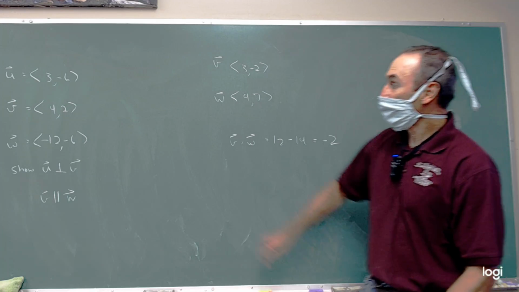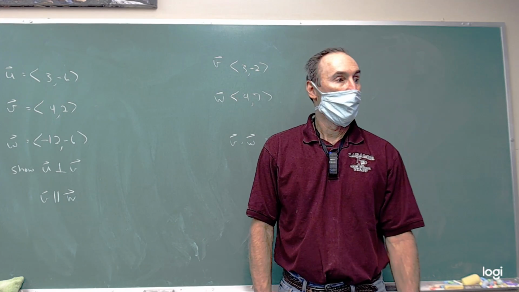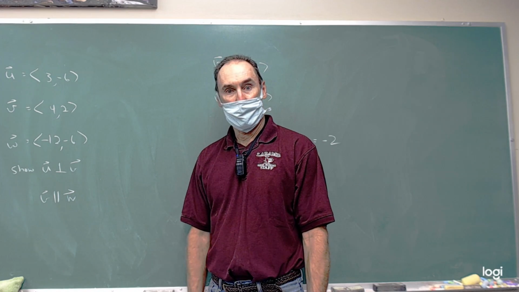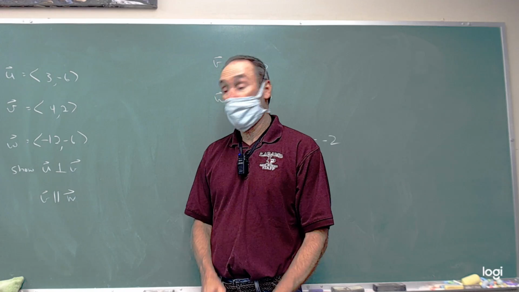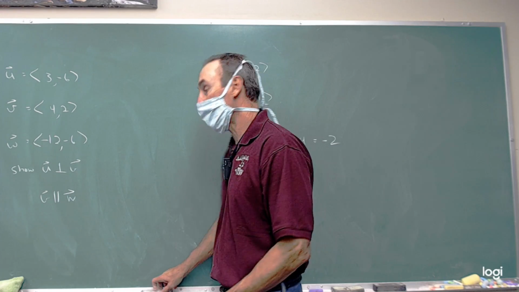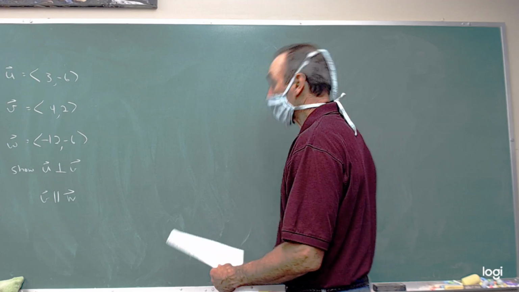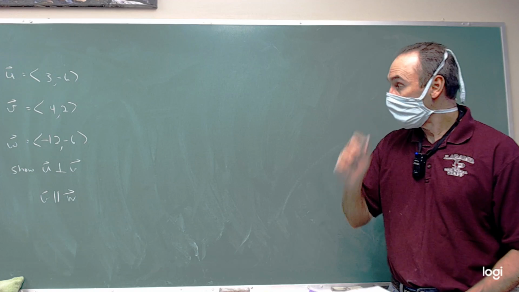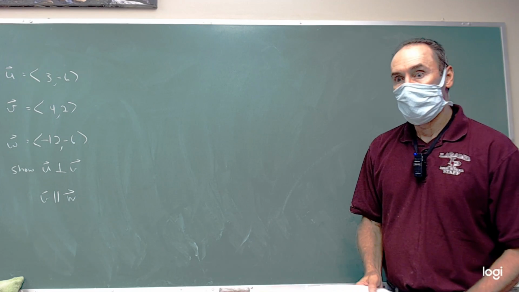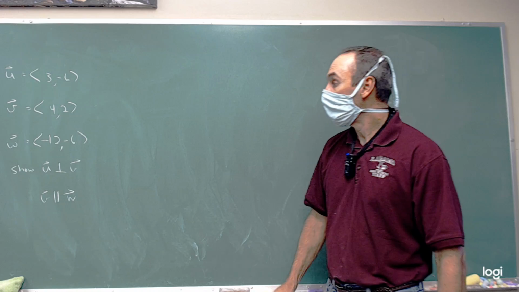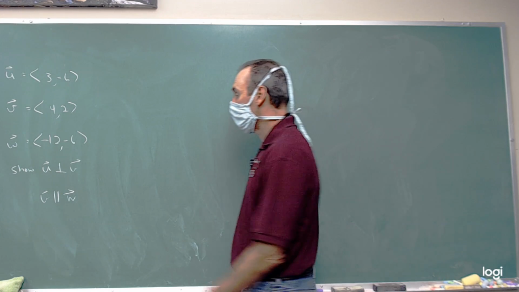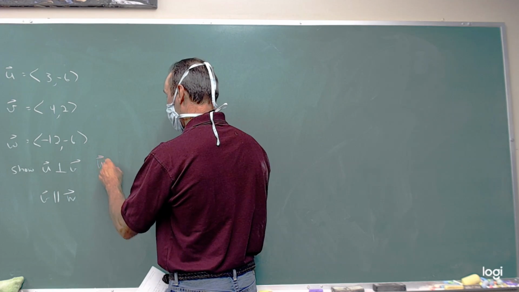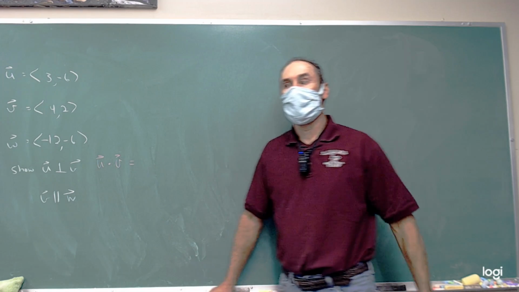Okay, so here now is u, v, and w. Your challenge, can you show that u is perpendicular to v? How do you do that? Can you show that v is parallel to w? How are we going to show that? So to show perpendicular, we go dot product.